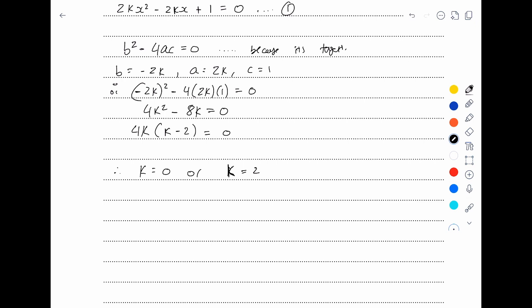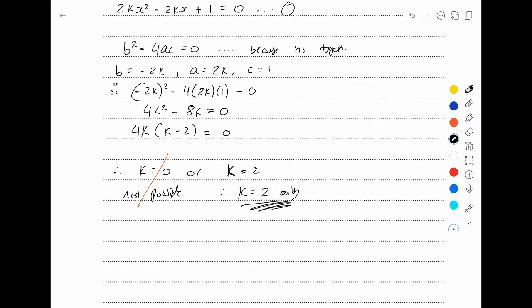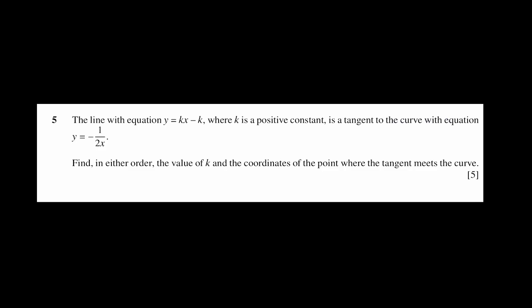Well, we know that k can't equal 0 because the question tells us explicitly that k must be a positive constant. So this means that k equals 2 by extension of this fact. Brilliant. So that's the first bit of the question sorted. And now on to the second.